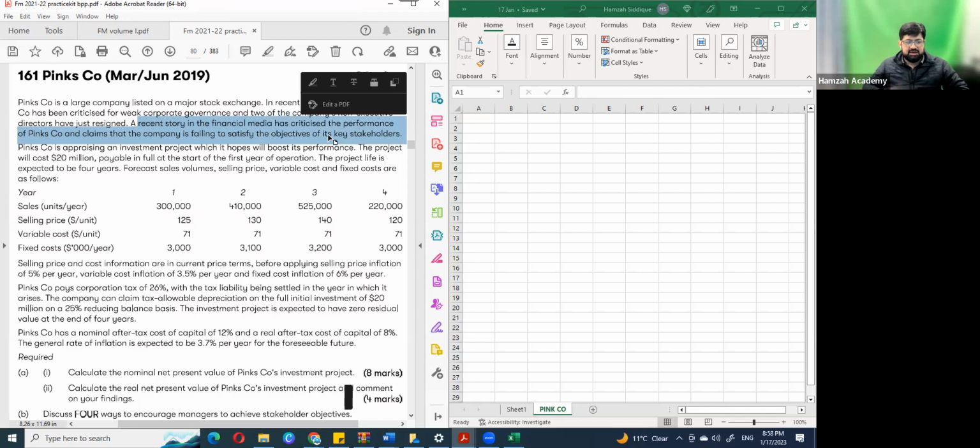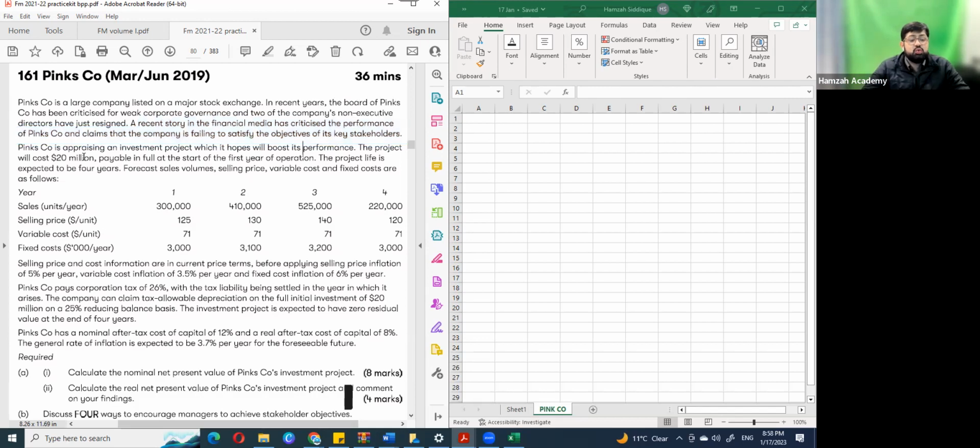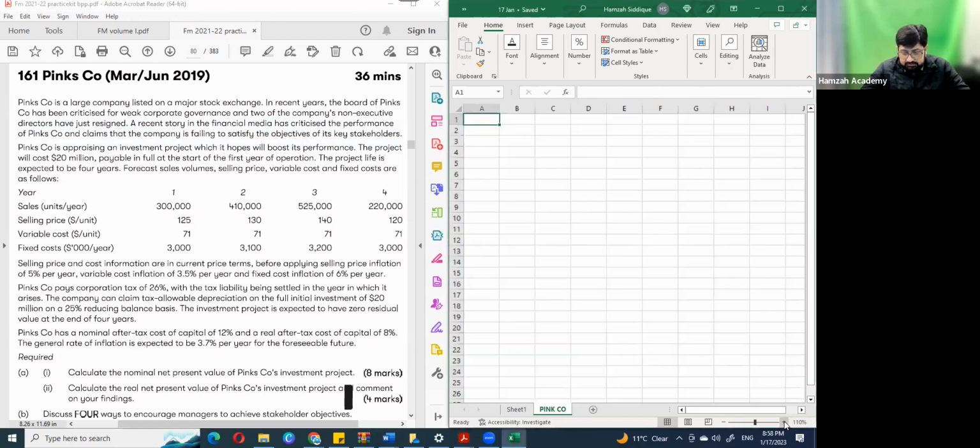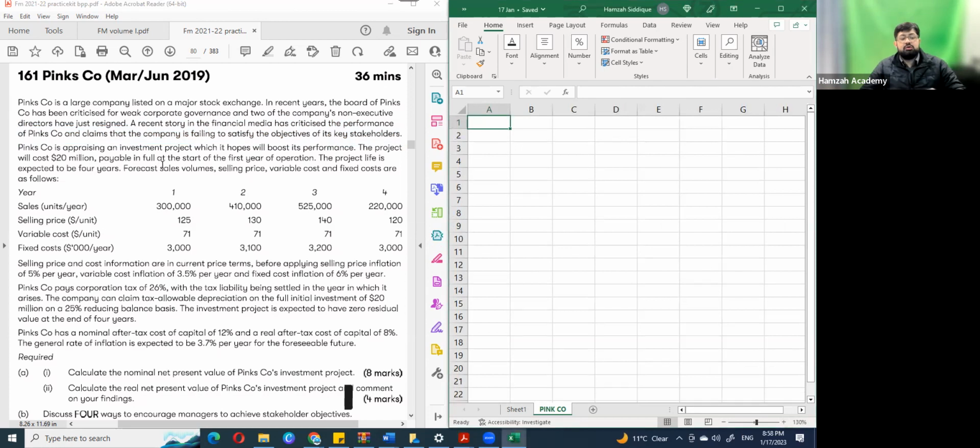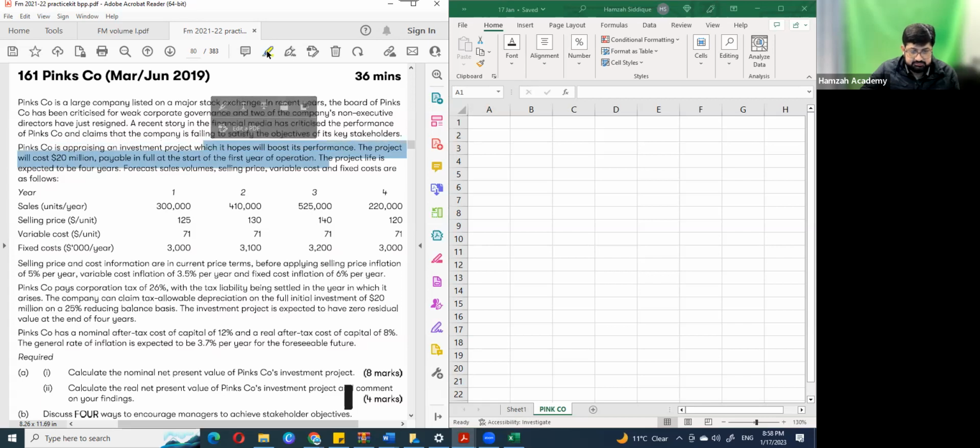Now, Pink is appraising an investment project which it hopes will boost its performance. The project will cost $20 million, payable in full at the start of the first year of operation. The project life is expected to be 4 years.